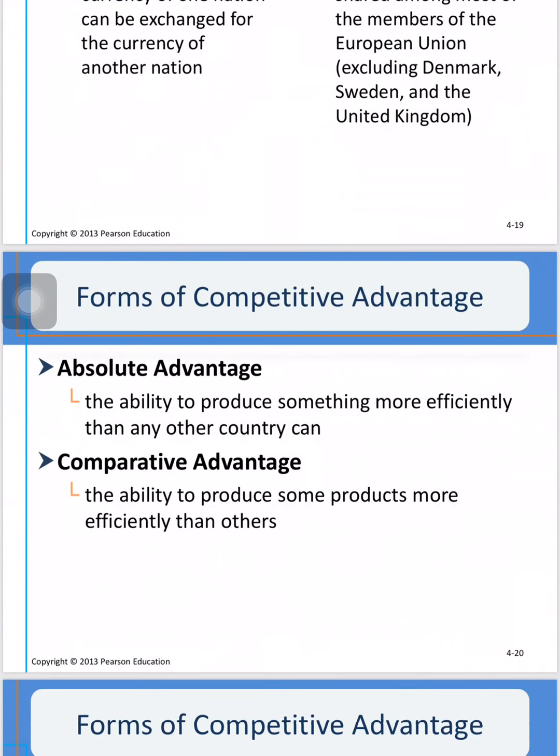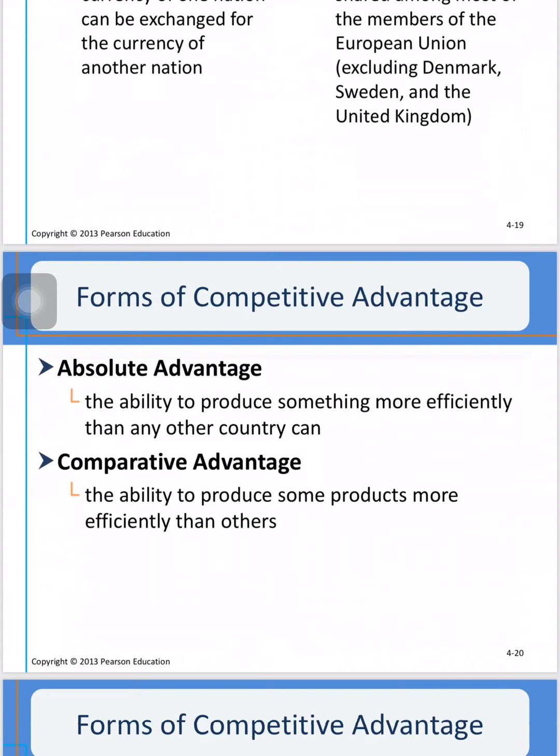Next is forms of competitive advantage. Managers need to understand the forms of competitive advantage when making decisions about international competition. The first point in your slide is absolute advantage.